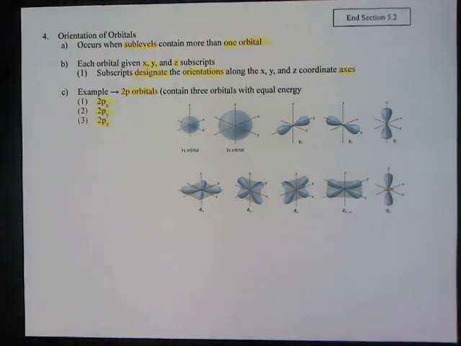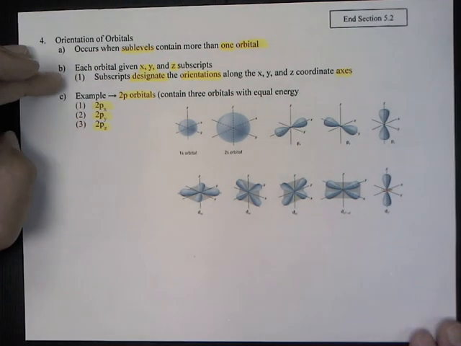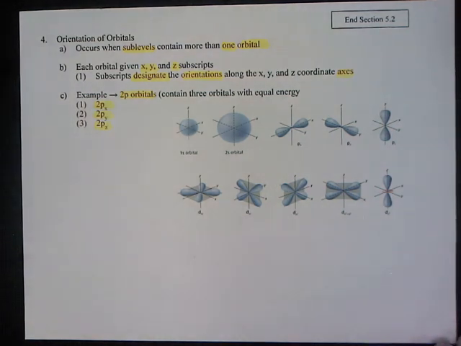Now, this will make a little bit more sense as we go through and as we start with electron configuration. We will assign our orbitals, and it'll be even more specific to be assigning where exactly these electrons can be of an atom.